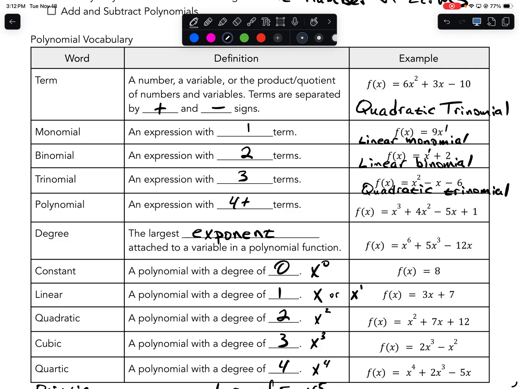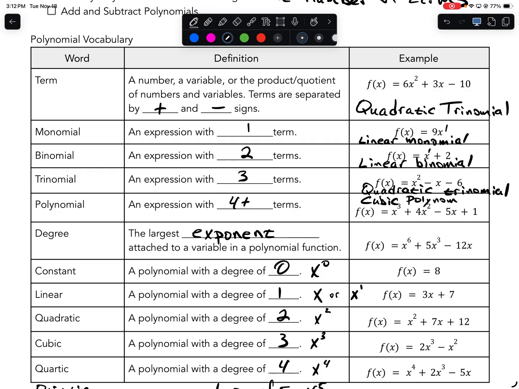Okay, x to the third power is what, Jonah? Not quadratic, third power. Cubic. Cubic trinomial. Good. But it's 4 terms, so it's not trinomial. Polynomial. Right, because it's 4 terms. 4 plus is polynomial.